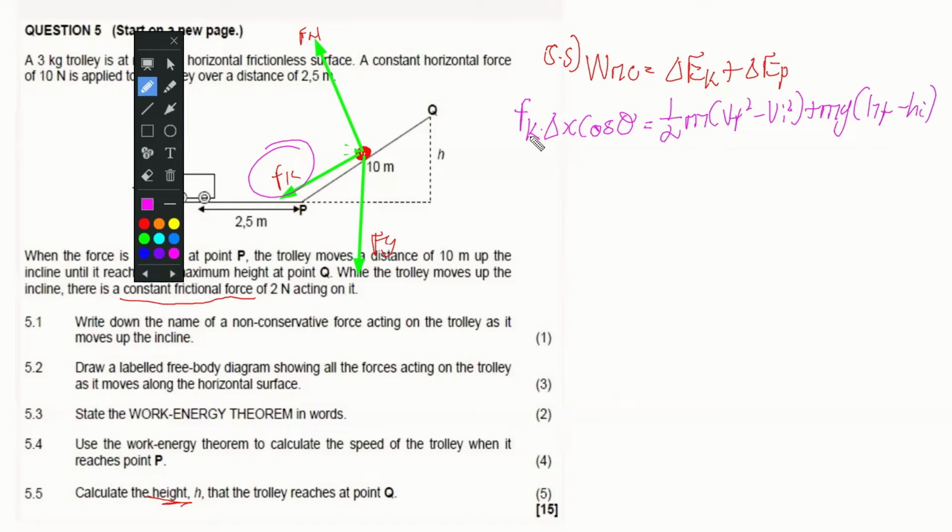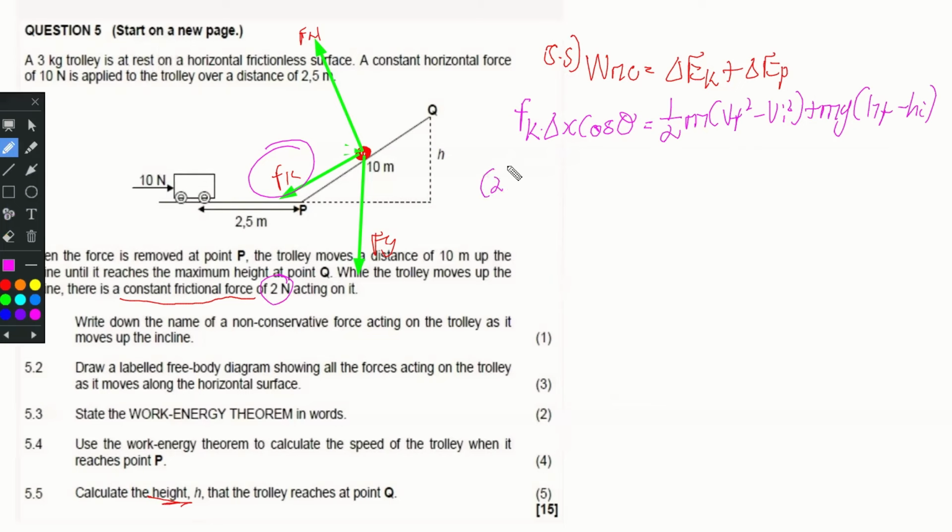Right. Okay, so Fk we are given, it's 2 Newton. So we have 2. The displacement from P to Q we are given is 10. And then anything to do with Fk, theta is always 180 degrees. And then this is half. The mass is what?